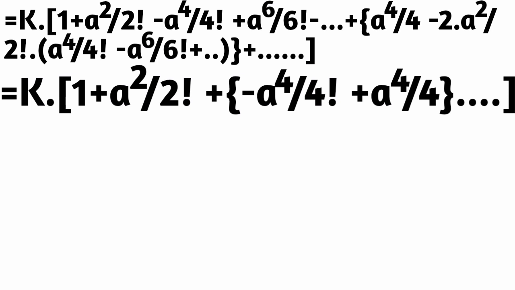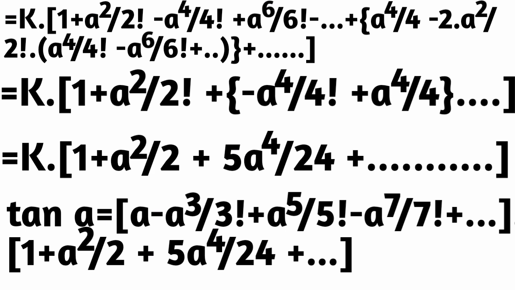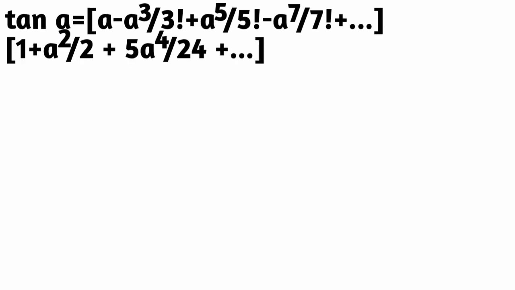These are alpha square terms, so they are collected here. Finally, we take the value of cos alpha with negative power -1 to be equal to 1 plus alpha square divided by 2 plus 5 alpha power 4 divided by 24 plus ... up to the infinity term. Now by putting the value of k here, the above expression of tan alpha will look like this, as you can see here.